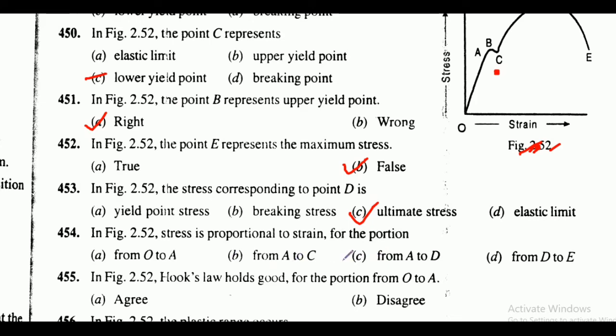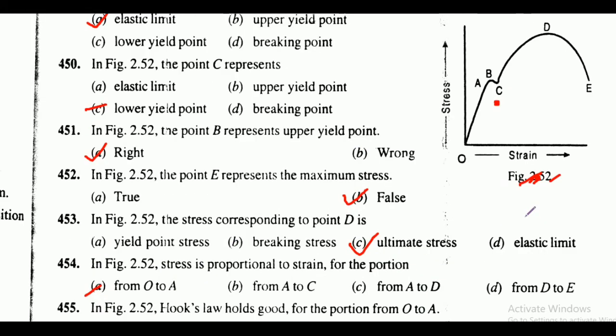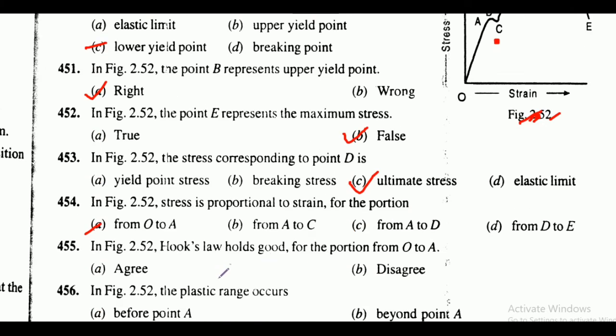Here friends these are the options, and here correct answer is from O to A. Okay, next is for again this figure, Hooke's law holds good for the portion O to A. Here friends options are agree or disagree. So here friends option is the correct answer, that is agree.